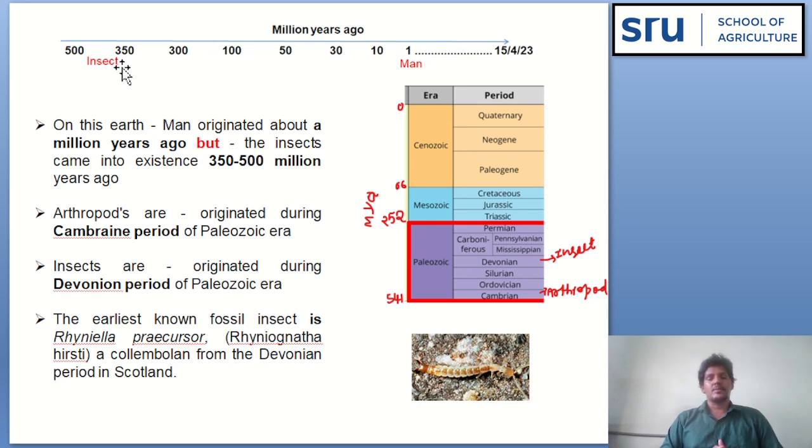The arthropods originated during the Cambrian period of the Paleozoic era, whereas insects originated during the Devonian period of the same Paleozoic era. The earliest known fossil insect is Rhyniella praecursor, a collembolan insect from the Devonian period.